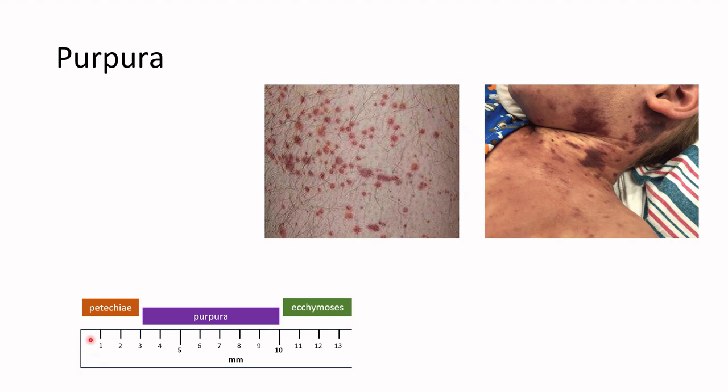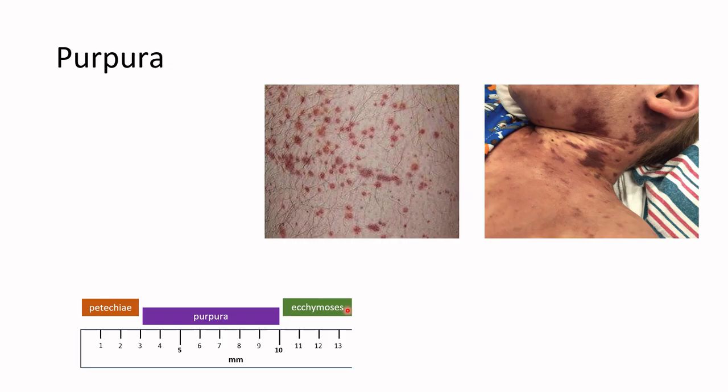Petechia is typically up to 3 millimeters in diameter, and then you have purpura between 3 and 10 millimeters. And if it's larger, you will talk about ecchymosis.